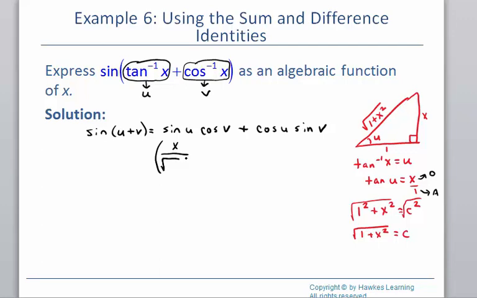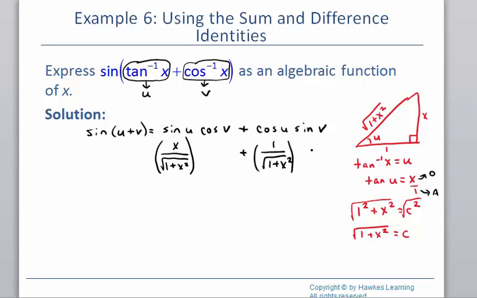The hypotenuse will be the square root of 1 plus x squared. Okay, I can also fill in cosine u. So cosine, remember SOHCAHTOA, is your adjacent over your hypotenuse. So we'll have 1 over the square root of 1 plus x squared.